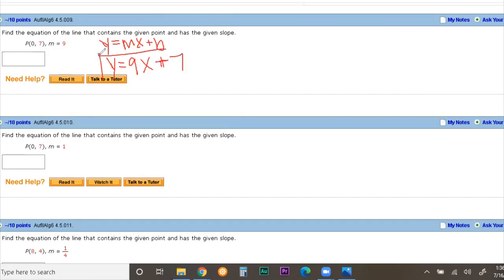So y'all see how easy that was? If we look at the second one, we have 0, 7, which we know is a y-intercept, and we have m equals 1, so it's y equals 1x, which is just x, plus 7.